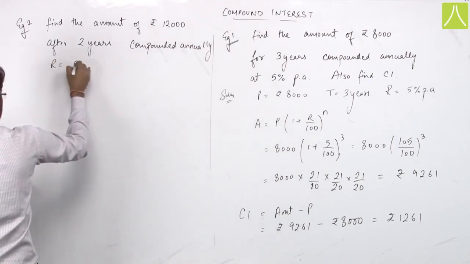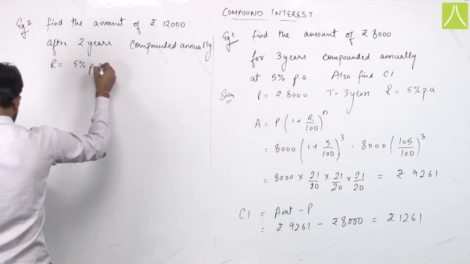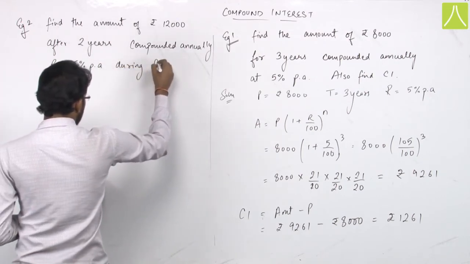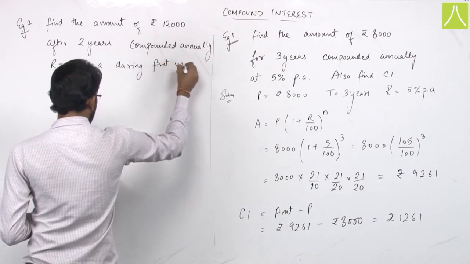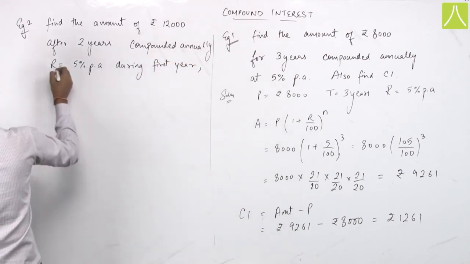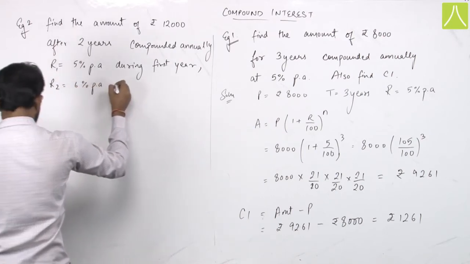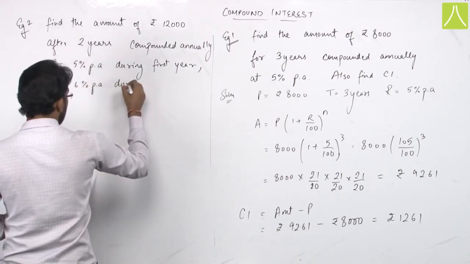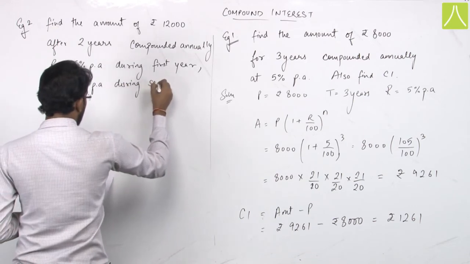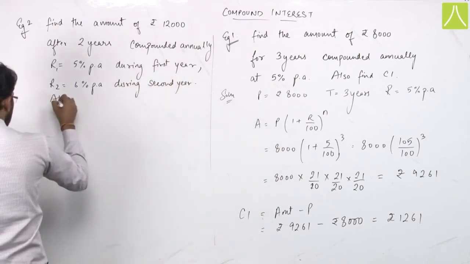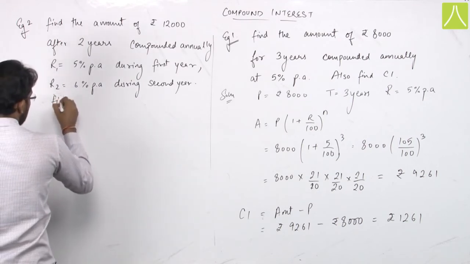The rate of interest is 5% per annum during the first year and the rate of interest is 6% per annum during the second year. We have to calculate the amount and also find the compound interest.